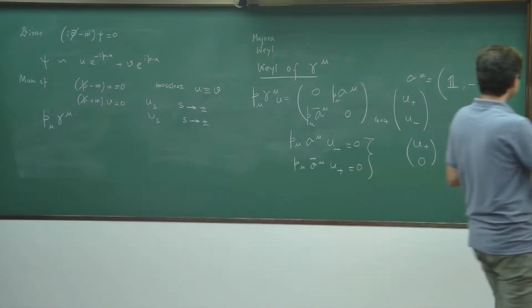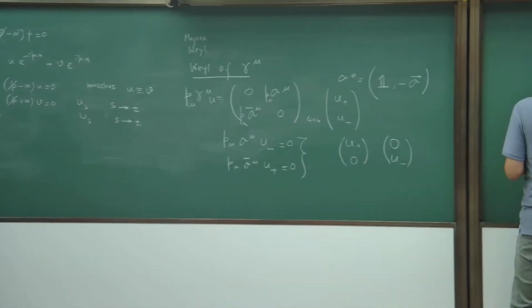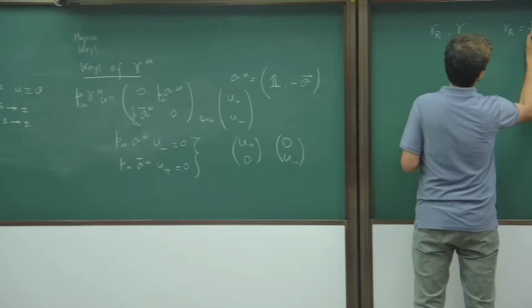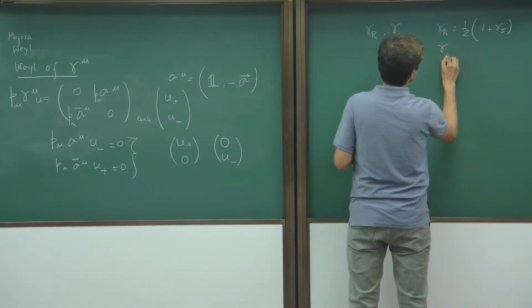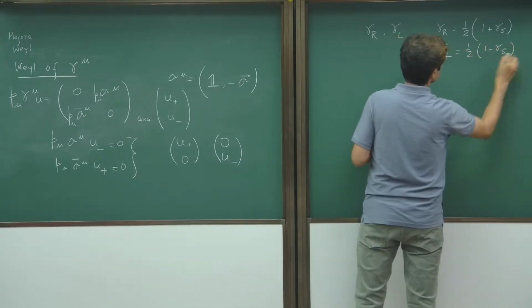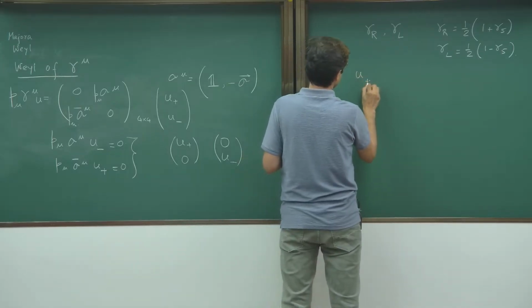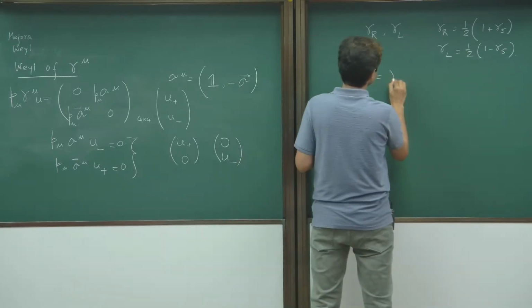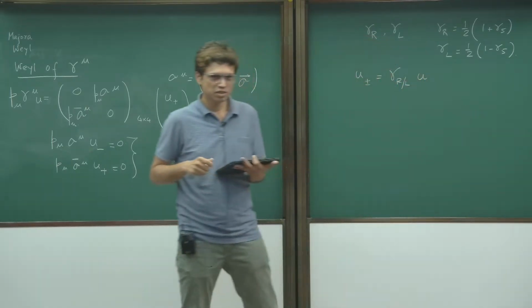This u plus and u minus can also be achieved through a projection operator, which is defined as, say, gamma r or gamma l, where gamma r is basically half (1 plus gamma 5) and gamma l is half (1 minus gamma 5), and u plus or minus is equal to gamma r or l times u.